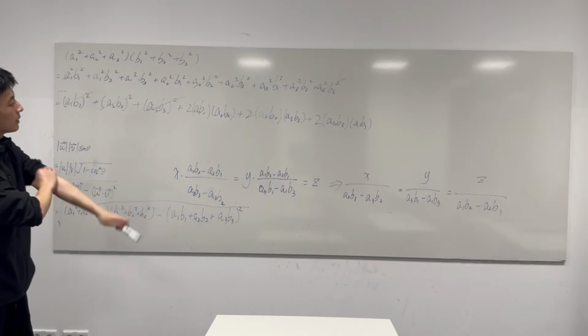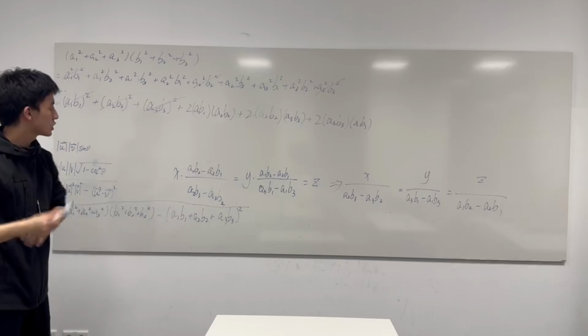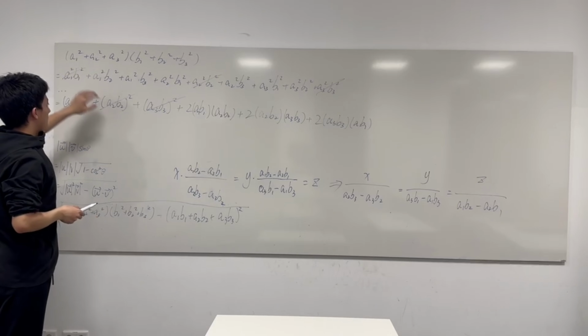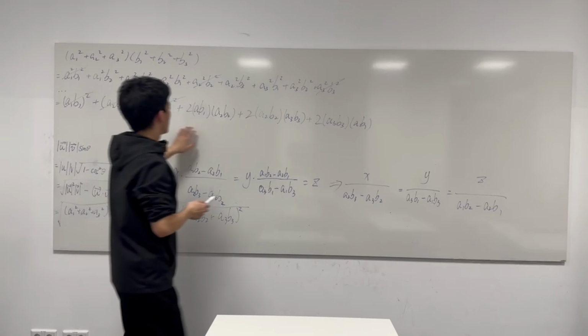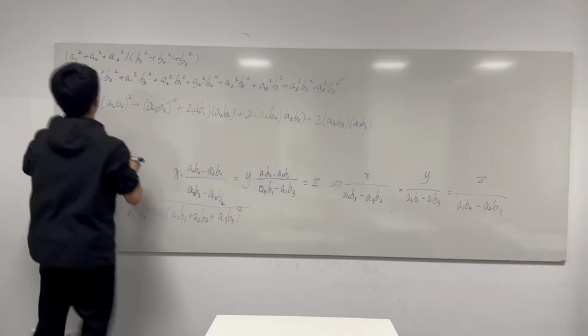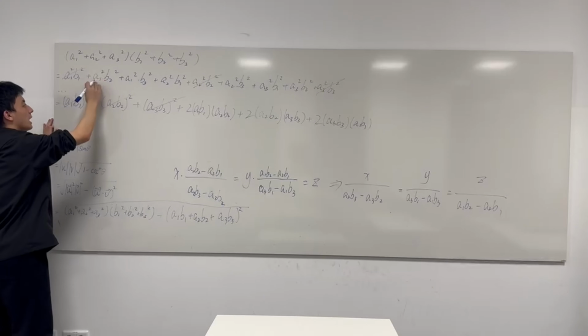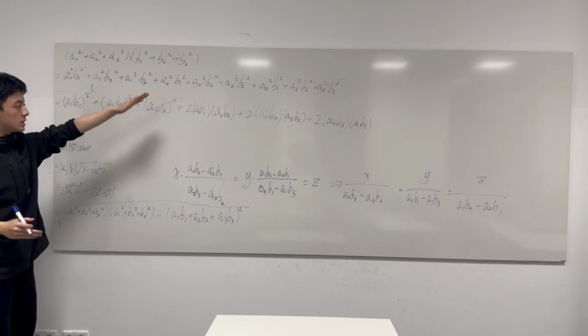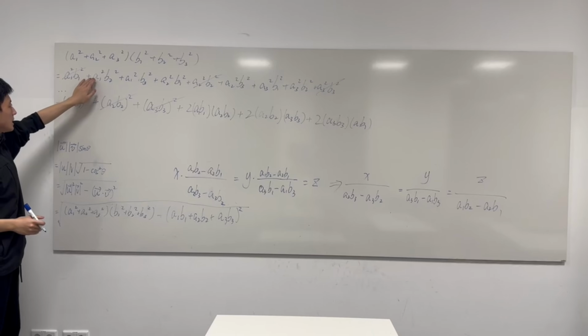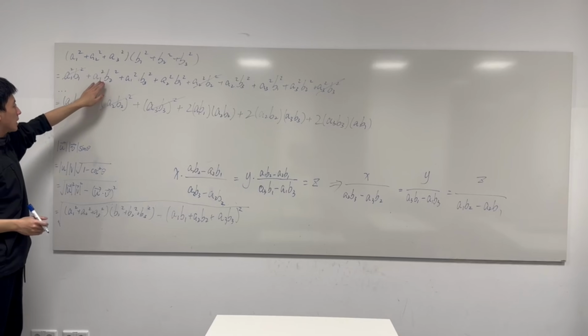Then we have this thing minus this whole thing. Before we continue, we have to simplify this. For all of this stuff, we have observed that it's like a something square times b something square.